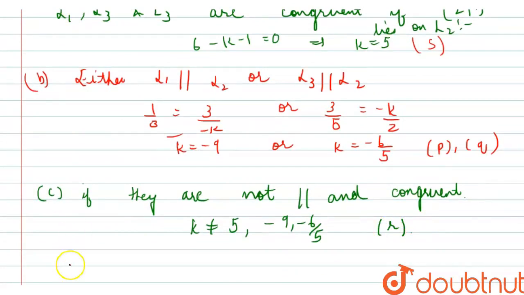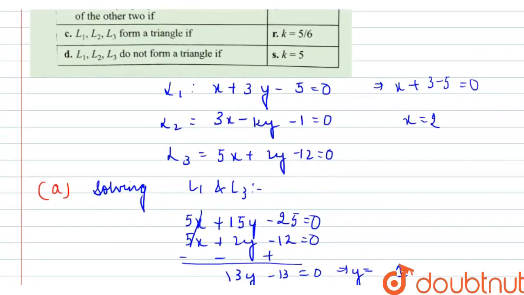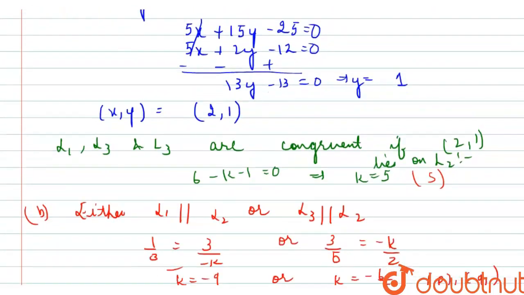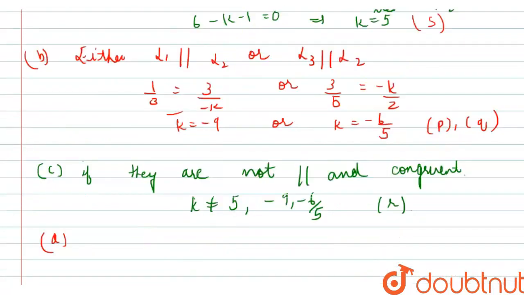Now let's look at the last part of the question. It is asking that L1, L2, L3 do not form a triangle if. In the previous part, that is part C, we discussed that they will form a triangle if they are not parallel or concurrent.